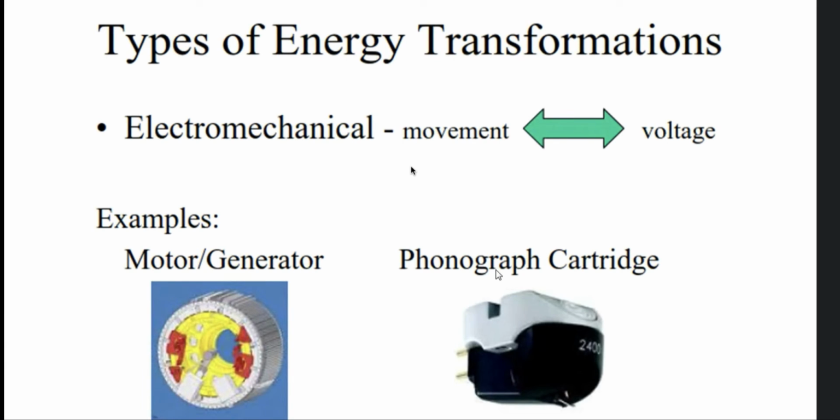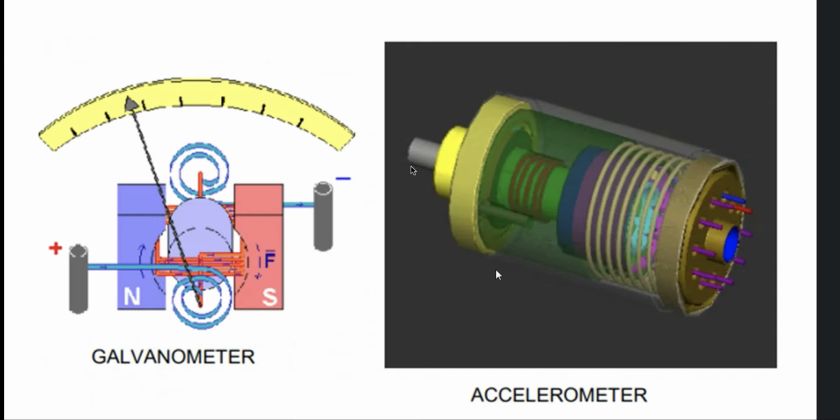First one, a movement which is converted to voltage. This comes under the electromechanical category. Examples: motor or generator. The next example is the phonograph cartridge. This is the galvanometer, then this is the accelerometer.